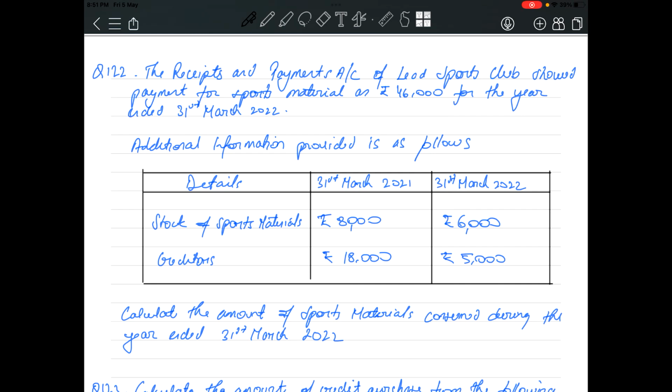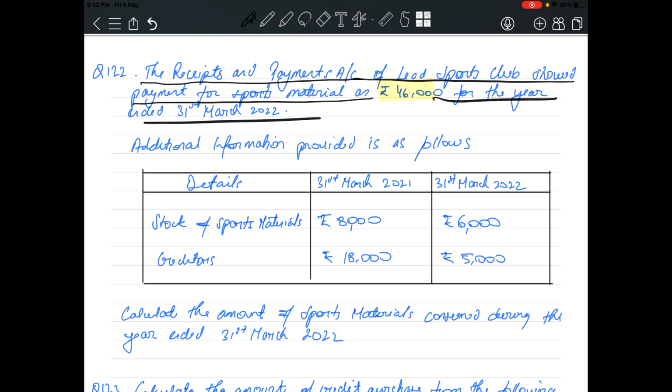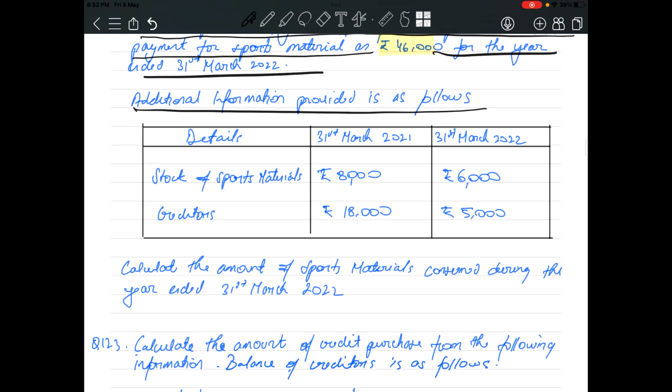Now let's see question number 122. The receipt and payment account of Leeds Sports Club showed payment for sports material as rupees 46,000 for the year ended 31st March 2022. Additional information is as follows. Opening balance of stock of sports material is given, and closing balance is given.